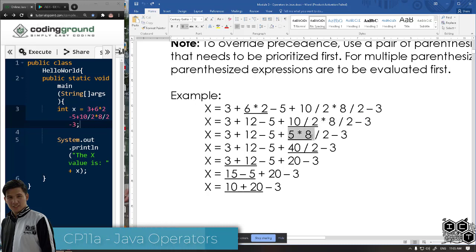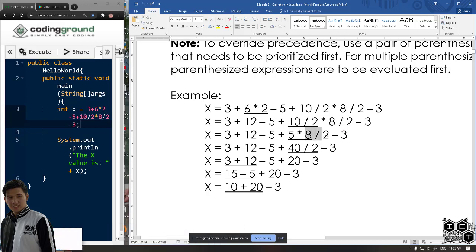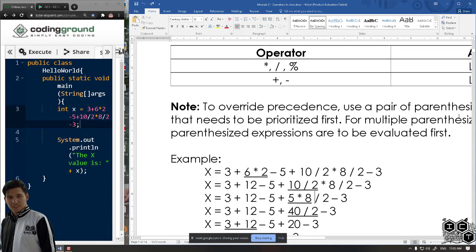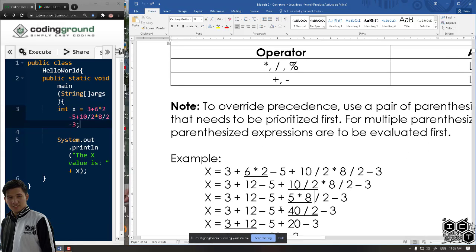5 times 8. Sir, bakit hindi nyo in-execute si 8 divided by 2? Bakit si 5 times 8? Kanina naman si division ang in-execute nyo. Ano ba talagang uunahin? Yan yung mga tanong natin, di ba? Ang uunahin nyo dito, again, kung ano yung nagpakitang operator based sa associativity rule from left to right.